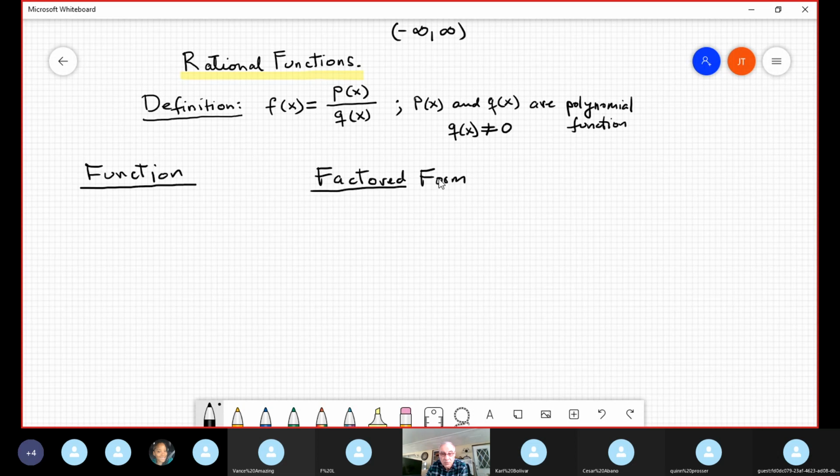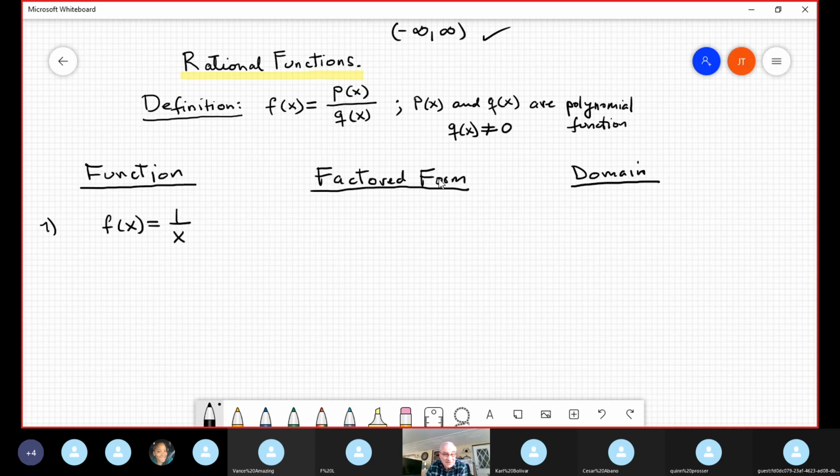And also I want to investigate, as always, the domain, to see that it is not always all real numbers. We have another combination. Okay, the first example, elementary, is f of x equal 1 over x.